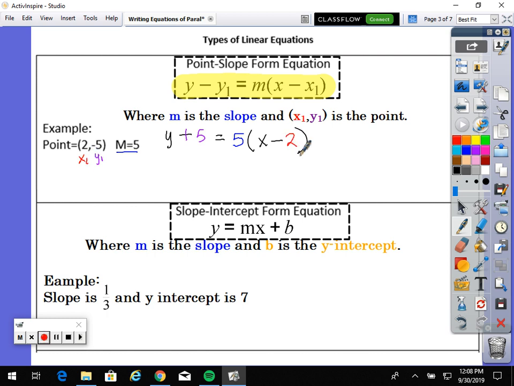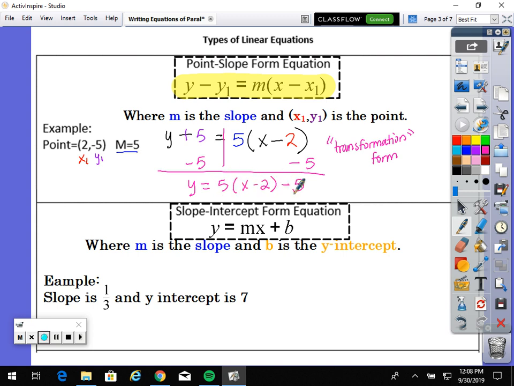Now we're going to take this equation and move it into transformation form, which is what you may be familiar with from Algebra 1. So all we're going to do is move this 5 over. And I'm going to get this nice equation that says y equals 5 times x minus 2 minus 5.